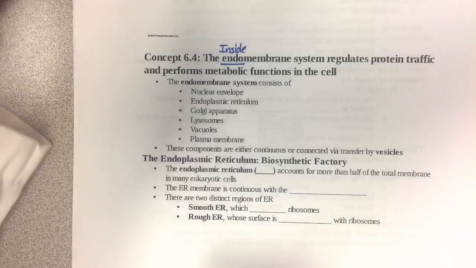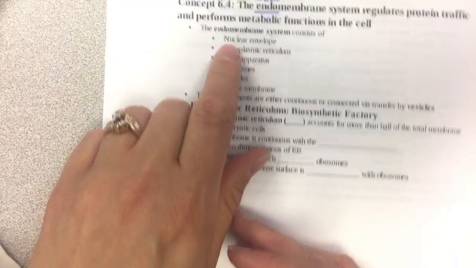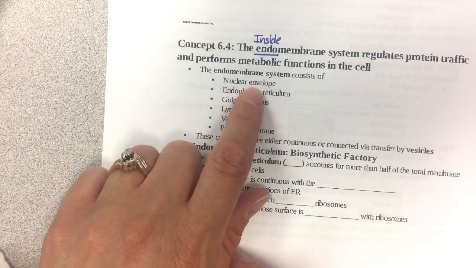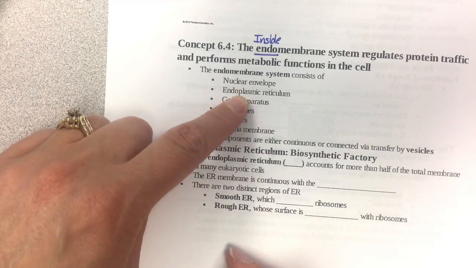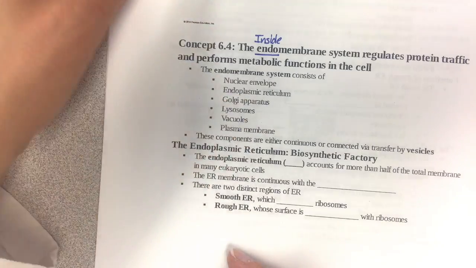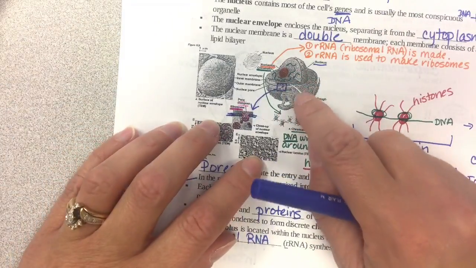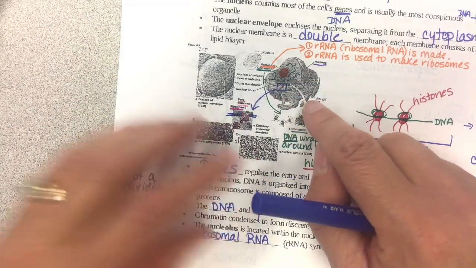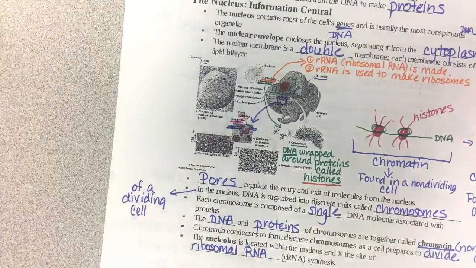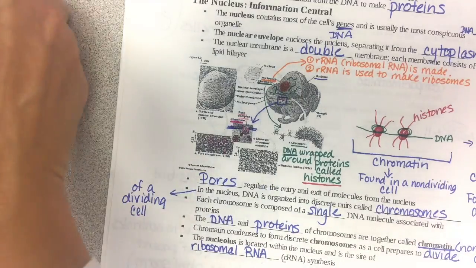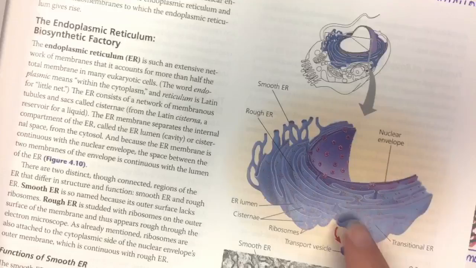So let's look at the ER. We've already talked about the nuclear envelope. The nuclear envelope and the rough ER are connected. Back on this picture here, the nucleus is actually connected to the rough ER. Let me show you this picture right here.